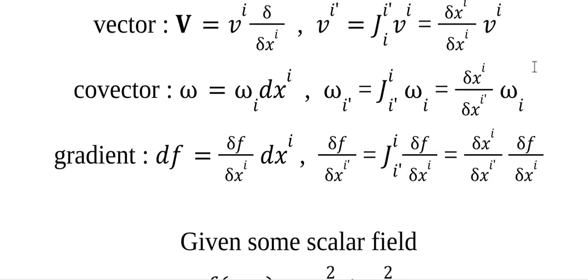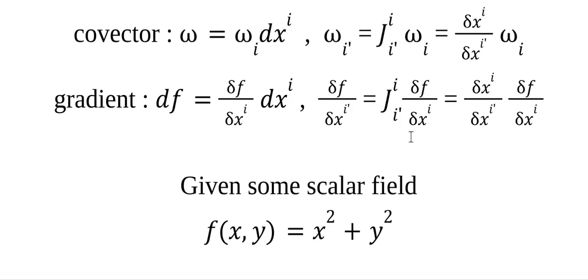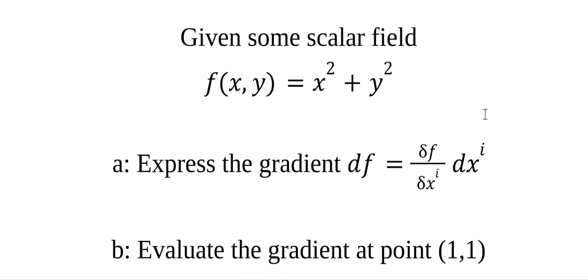Okay, so here's our problem. Given some scalar field, f equals x squared plus y squared, which is a circular paraboloid. I love paraboloids, you know that. Part A, express the gradient df as this. Part B, evaluate the gradient at a point, I made it up, (1, 1).